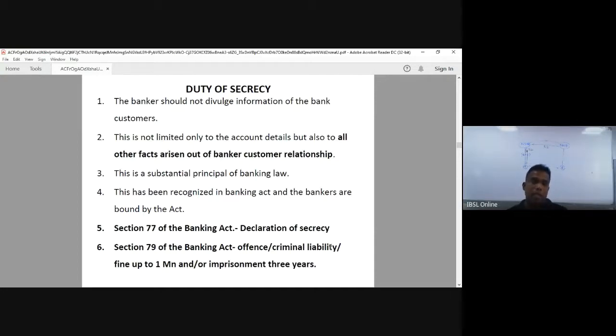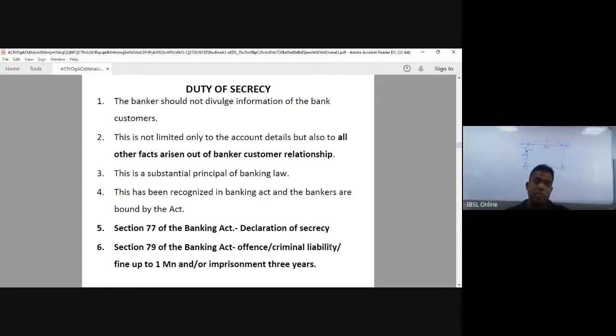Important thing is, this is not limited only to the account details. Remember, when we say the bank cannot divulge information of the customer, it doesn't mean that the duty is limited only to the details of the account. It is not the case. The banker should not divulge any information, including account details.